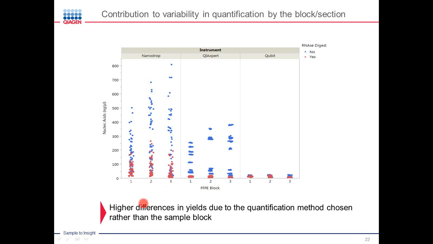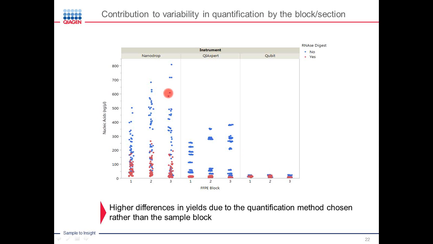And again, of course, we see the difference between samples purified with versus without RNase treatment, but overall, the difference in quantitation caused by the measurement system is higher compared to the difference between samples taken from the same block.